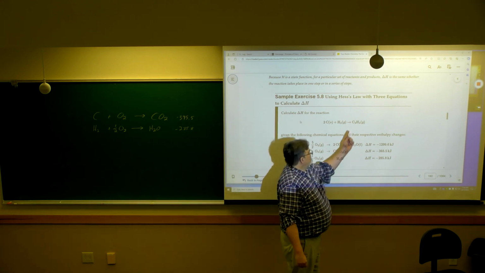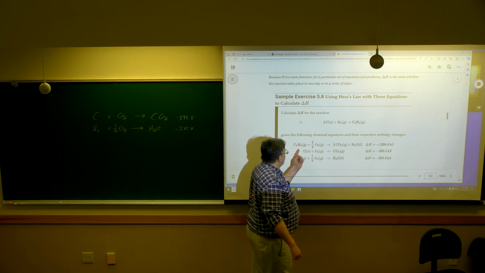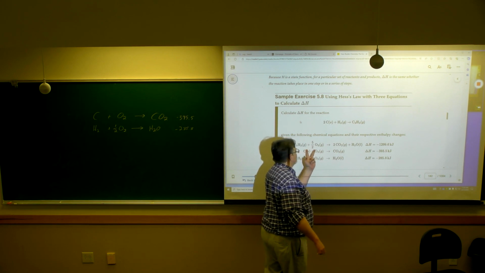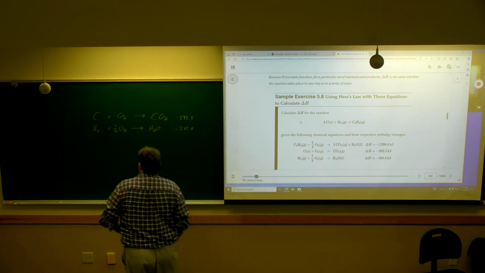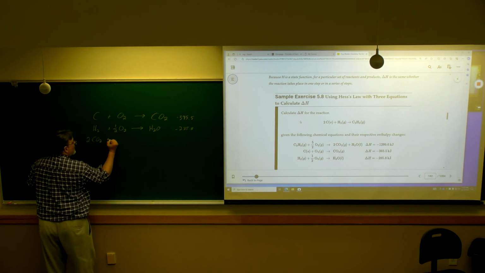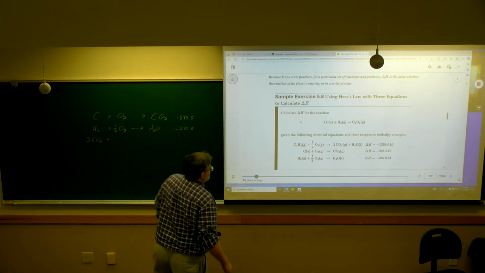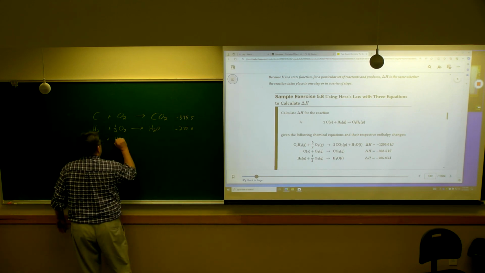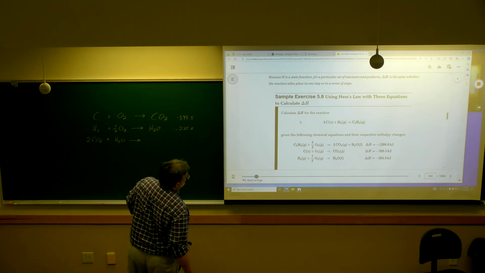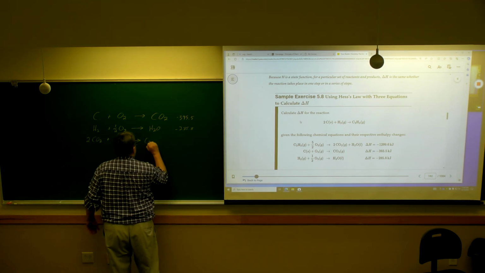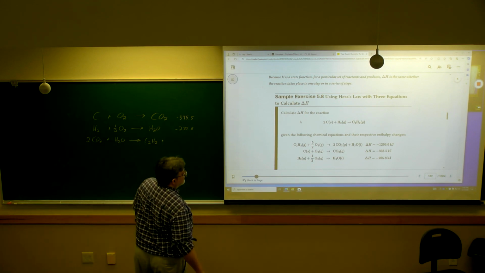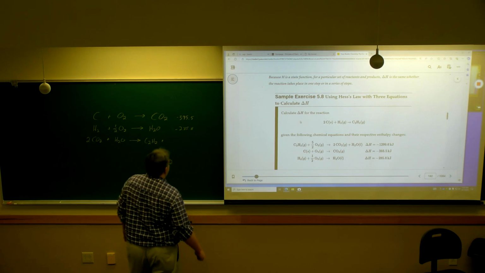Okay, and I need C2H2. I need it on the right side. This one has it on the left side, so I'm going to swap this. I'm going to make these the reactants and these the products. So I'm going to write 2CO2 plus H2O yields C2H2 plus 5/2 O2.